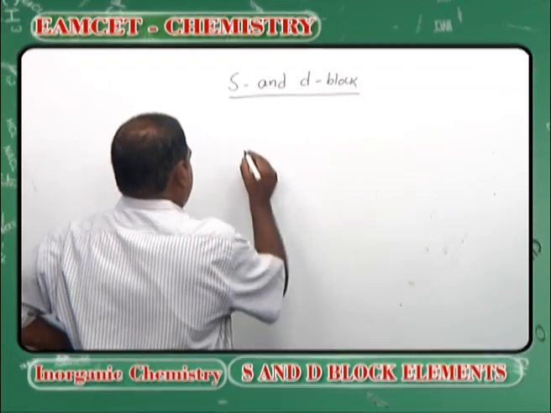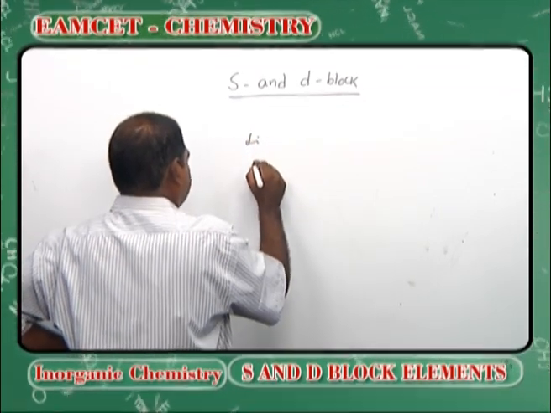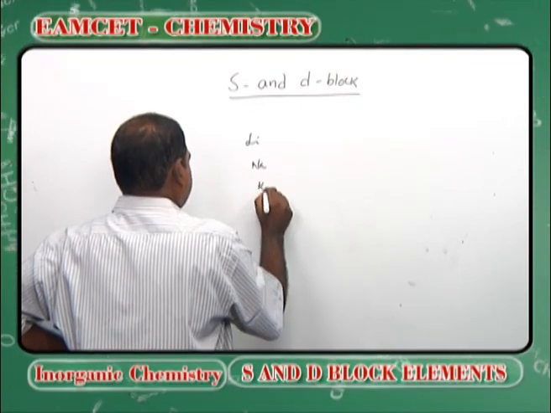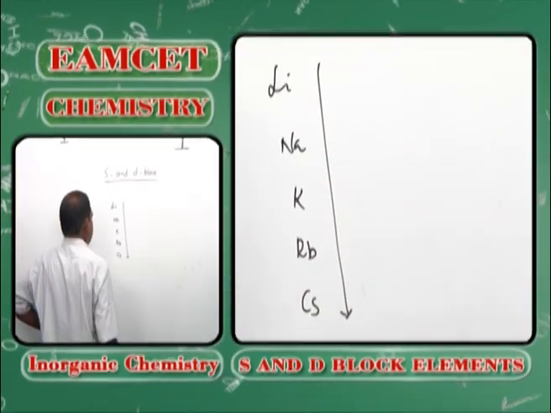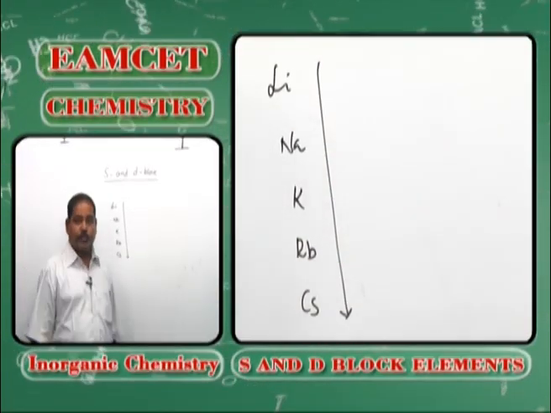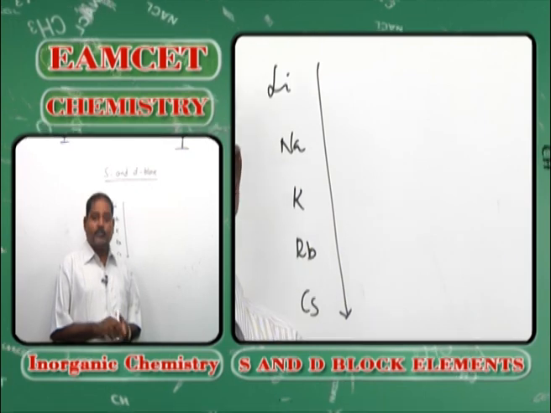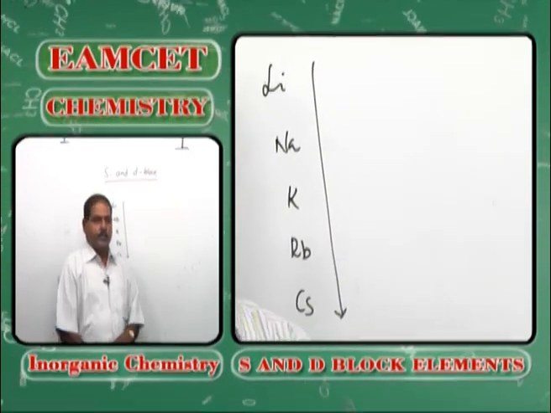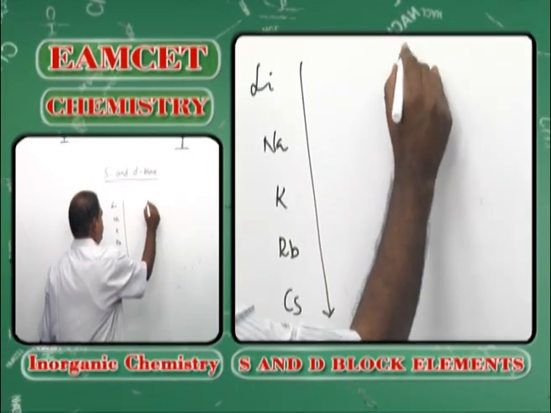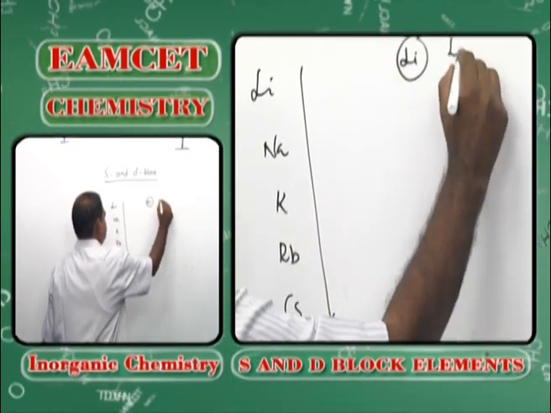And now, among lithium, sodium, potassium, rubidium, cesium, from lithium to cesium, which one will have the highest melting point? Lithium, top to bottom, what do you know? Top to bottom sizes increase.